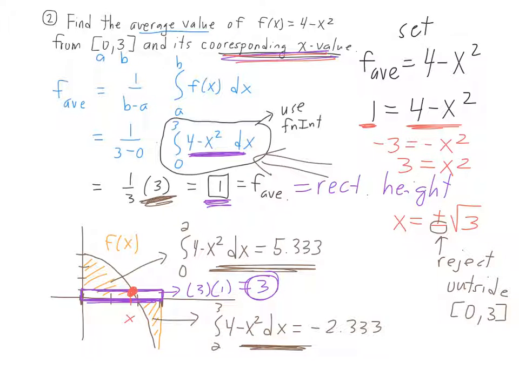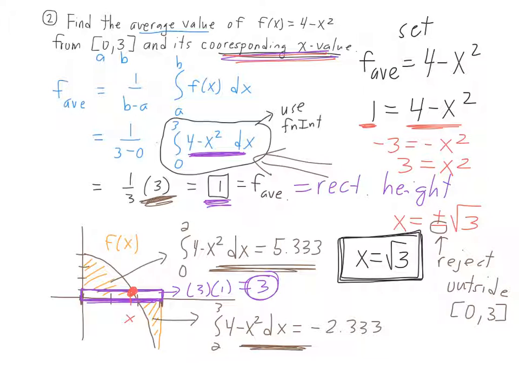So the only x value here that we care about is the square root of 3, which is about 1.7. That looks pretty accurate on our graph. So x equals radical 3 would be the x value where the rectangle is hitting the function.